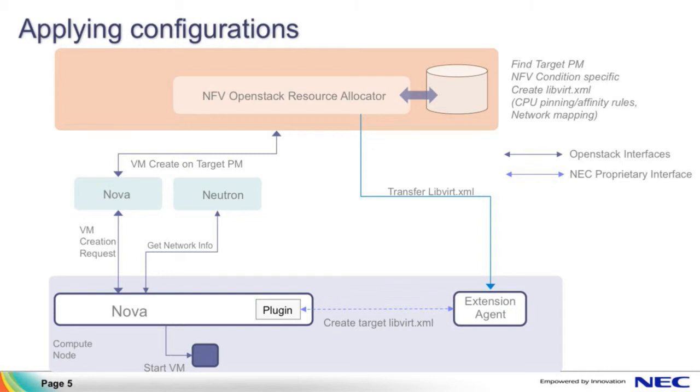Now, we have added a plugin into Nova that, before the VM boots up, uses the target libvirt.xml from that agent. In that way, we are able to apply a specific configuration for a given VM.